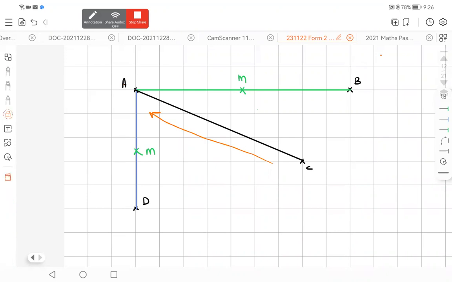There's no arrow also. Let's say we want to measure the gradient of AC. It's not mentioned, it just asks the gradient of AC. Then how do we know it's upwards or downwards? If there is no arrow, how to count?